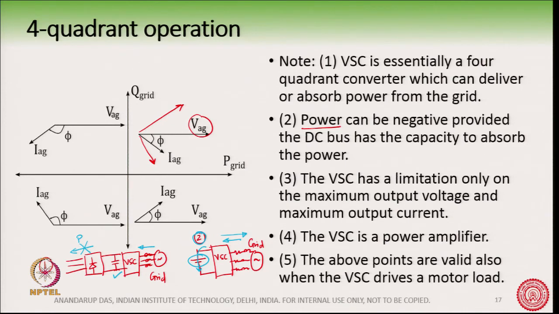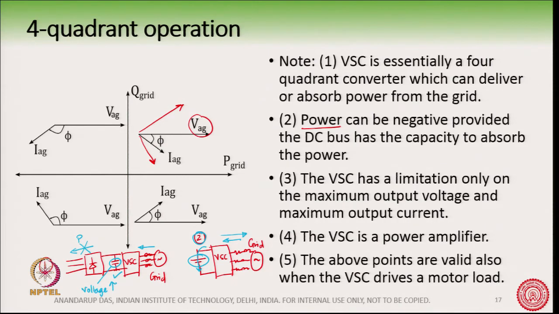So, this diode rectifier, since it does not allow the power to flow, the voltage of this capacitor will go on rising, because the active power fed from the grid is now being stored in the capacitor in the form of half CV square. It will go on uncontrollably rising if you go on injecting power.